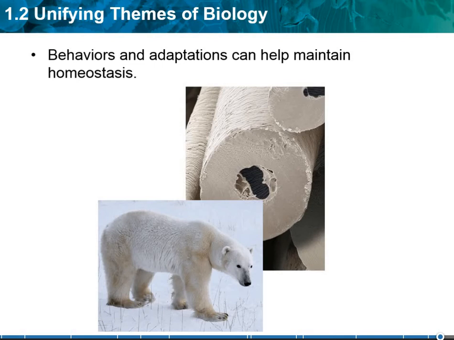For example, if you look at the polar bear here, they've got white fur, and it's actually clear fur, and they've got black skin underneath. The clear fur lets the light come through and allows it to be warmed, but the polar bear appears white, so it uses that as camouflage, and the black skin underneath allows it to absorb that heat and stay warm.